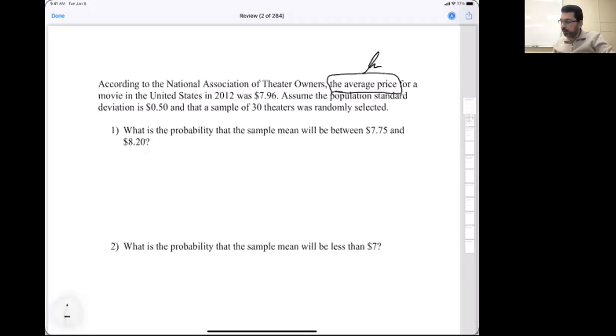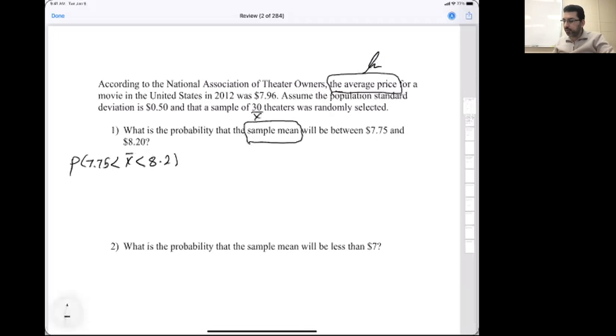So here we need to find the probability for the sample mean, x bar. It's not x. What that means is we need to find the probability that x bar is between 7.75 and 8.2. To find this probability, first of all, you have to know what is the distribution of x bar.